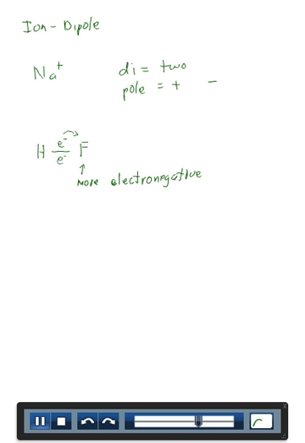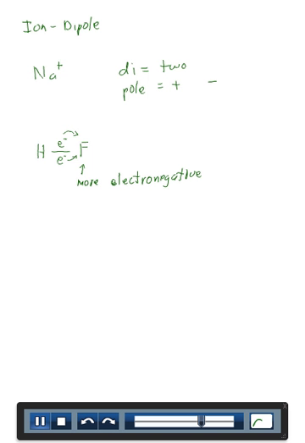Well, since fluorine is so electronegative, fluorine actually is attracting the electron that hydrogen donated to this bond more toward itself. So there's an abundance of electrical charge building up around fluorine as opposed to hydrogen.